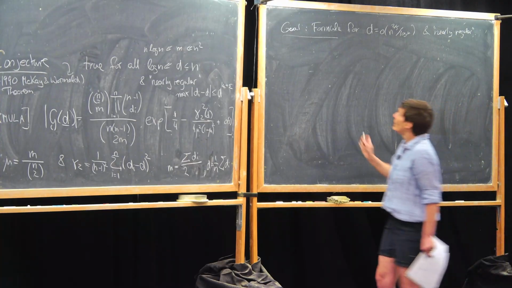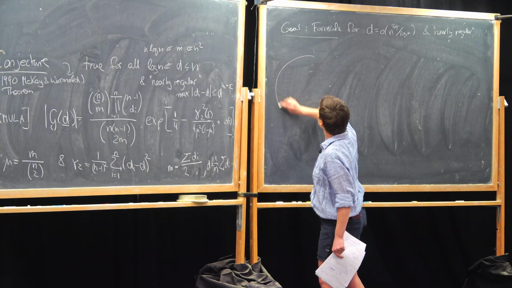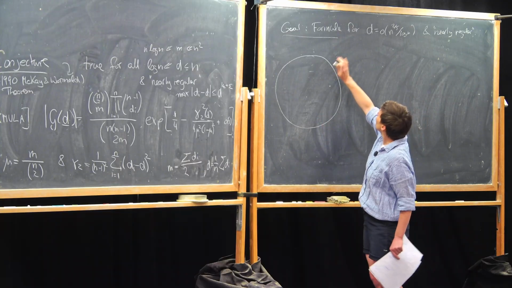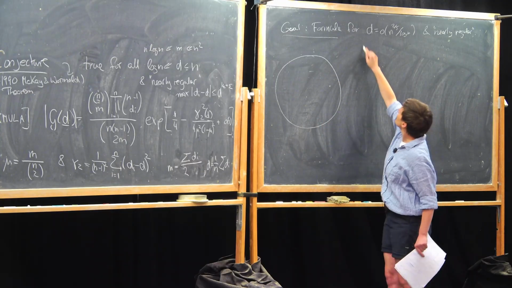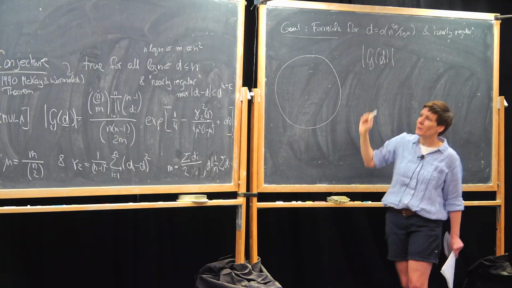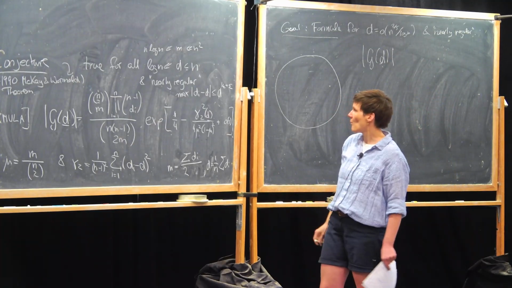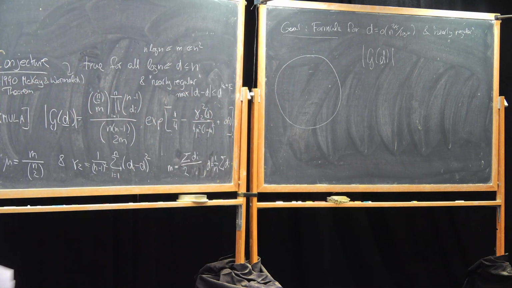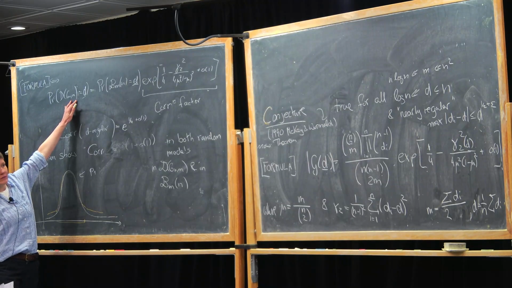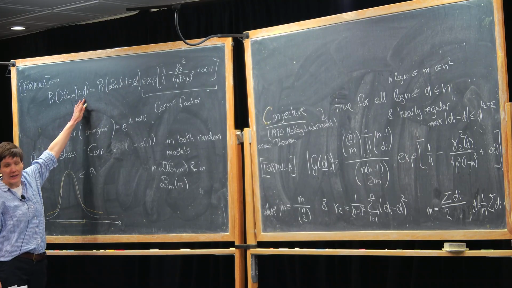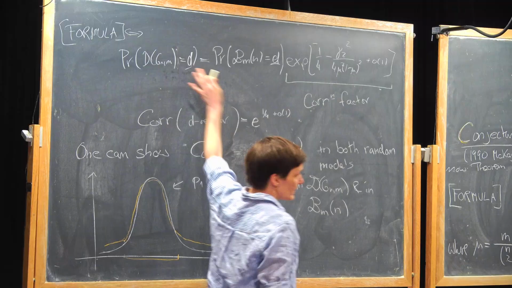Okay, so say we want to count this G of D, but we already have seen this probabilistic view, that counting the number of graphs with a given degree sequence is equivalent to asking what's the probability that G(n,m) has this degree sequence.